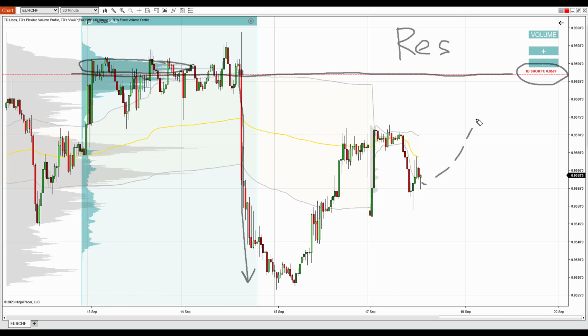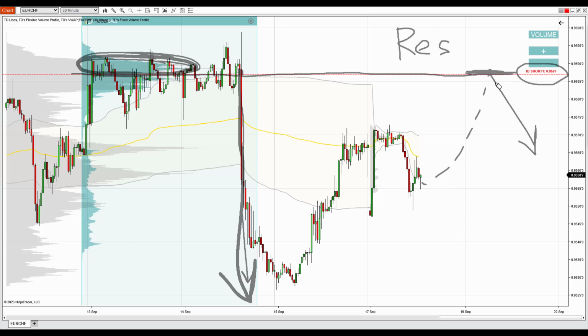When there is a pullback to it, chances are that sellers from here who placed their short positions here and who pushed the price downwards in here, will want to defend this zone, which is clearly important for them because they placed all of those volumes here, and they'll want to push the price downwards from there again. All right, so again, we need to wait for that pullback to this level.